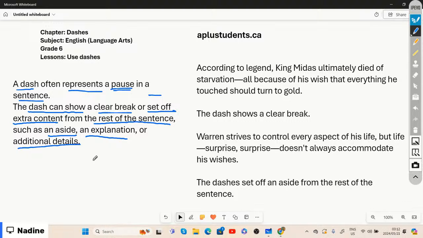All right, and if we look at an example, it says, according to legend, King Midas ultimately died of starvation, all because of his wish that everything he touched should turn to gold.